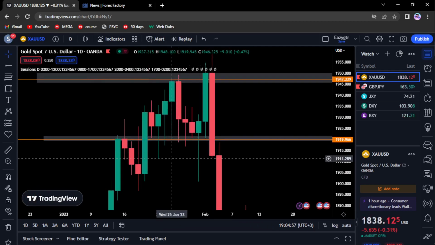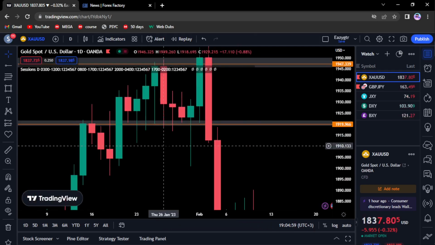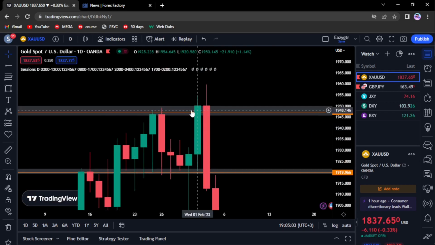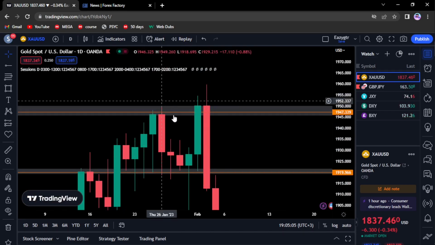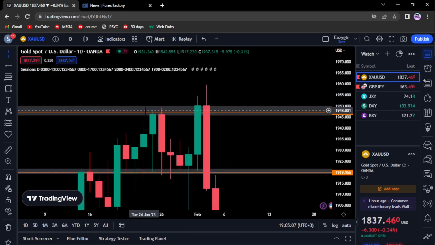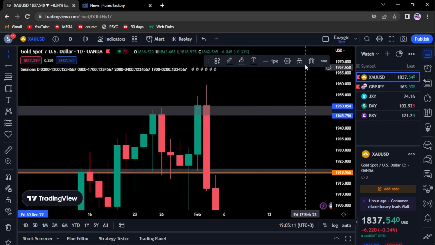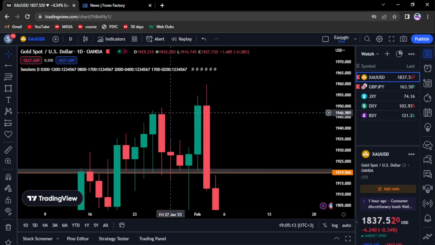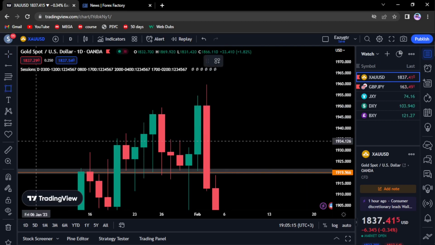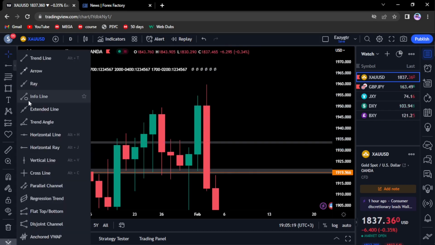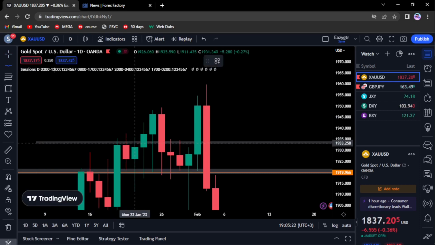But let me look for a situation where our wick was actually longer. So if you see, before we saw what was going on in the markets, let me remove this and this. Before we saw what was happening, we had our level marked up around here for resistance. And what do we do while at resistance?